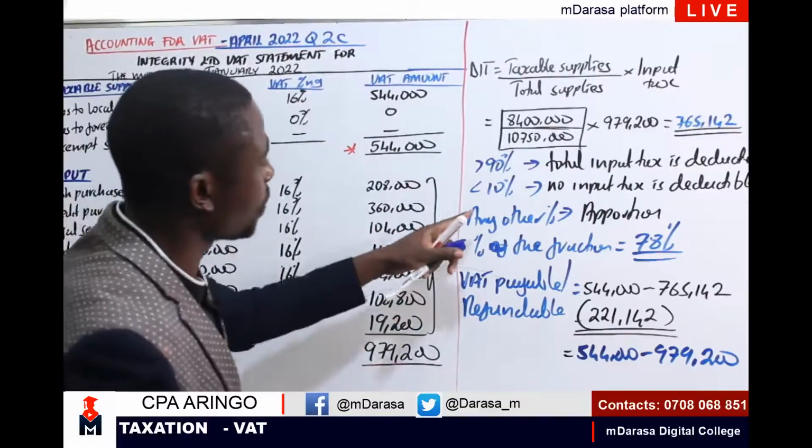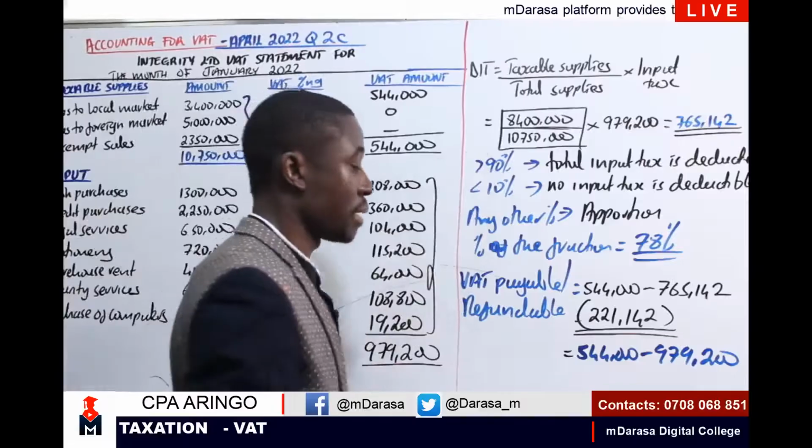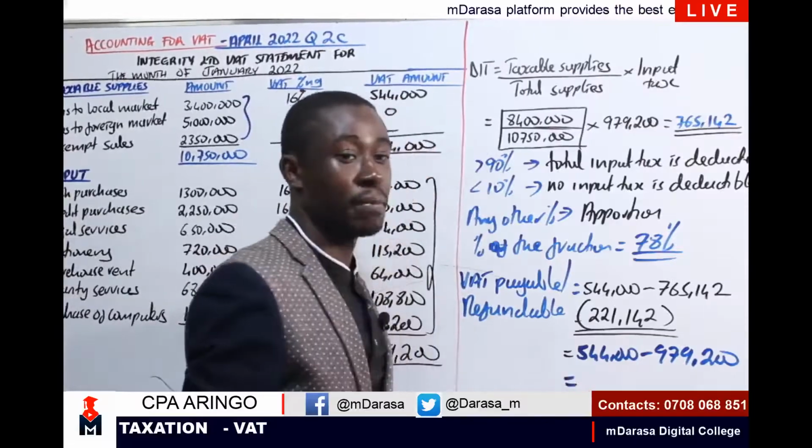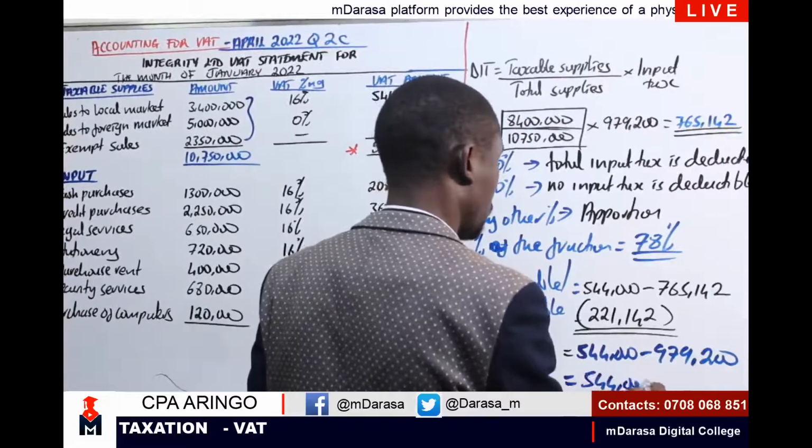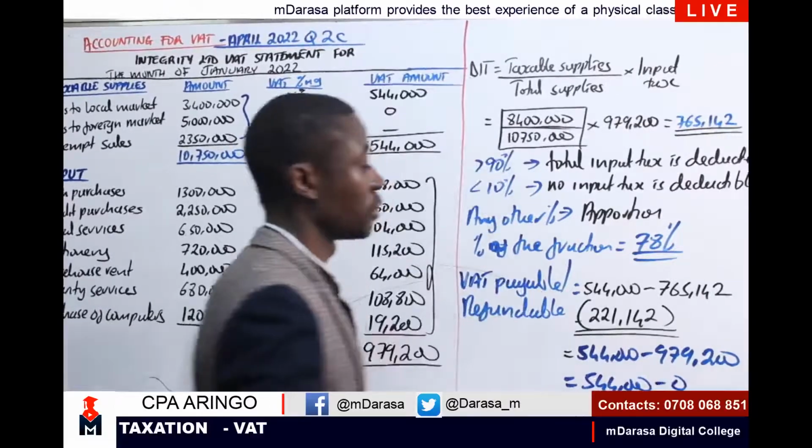Then what if this percentage was less than 10%? Then we could have only taken 544,000 minus 0.